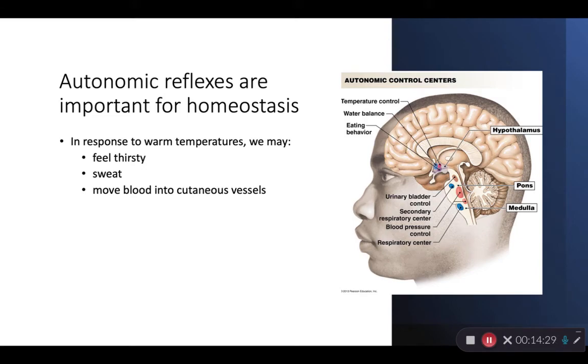So if you go into a warm environment, you might feel thirsty, you might sweat, you might move blood into the tissues that are closest to the surface of the body. All of that is mediated by autonomic reflexes: tissues that are always automatically controlled, responding to a stimulus, in this case, high temperature. This is just one example. A lot of our homeostatic regulation is governed by autonomic reflexes.